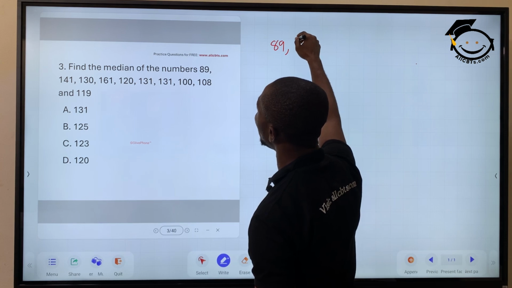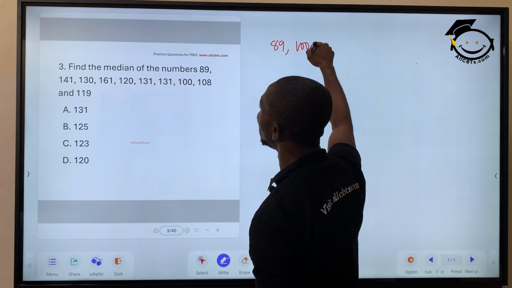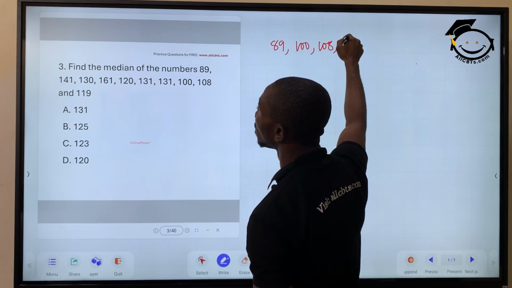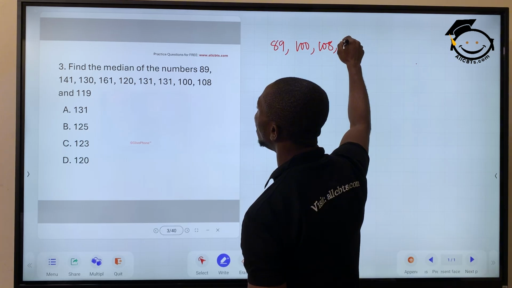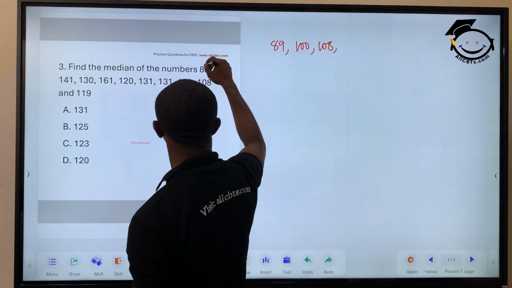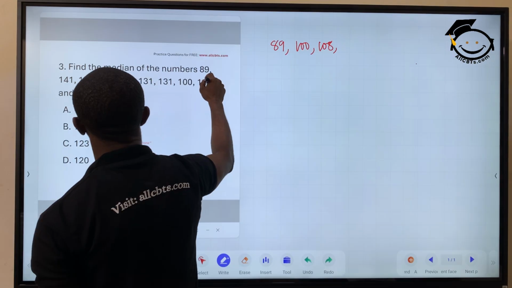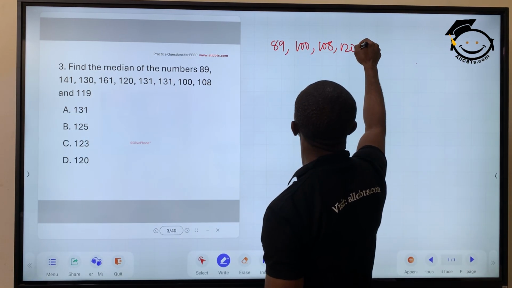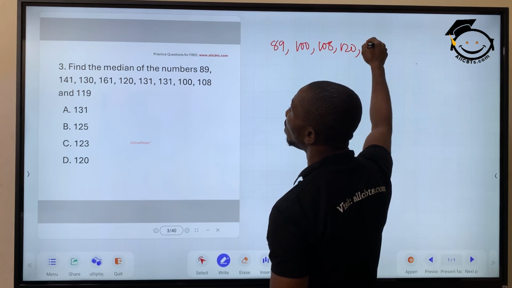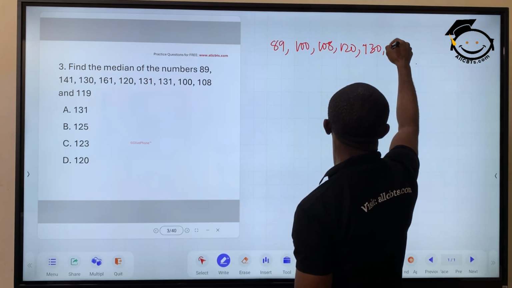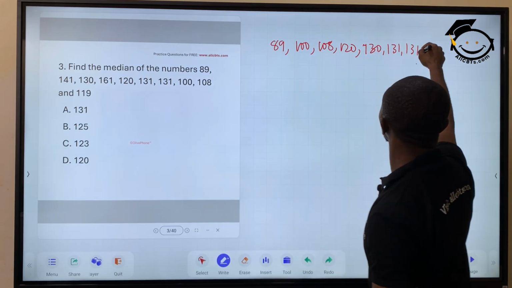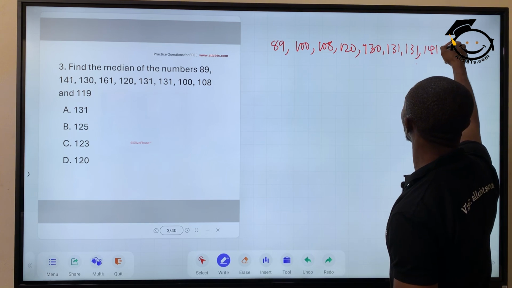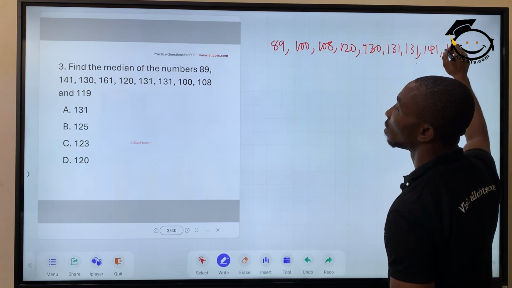Then we have 100, then 108, 120, 130, 131, 131, 141, and 161.